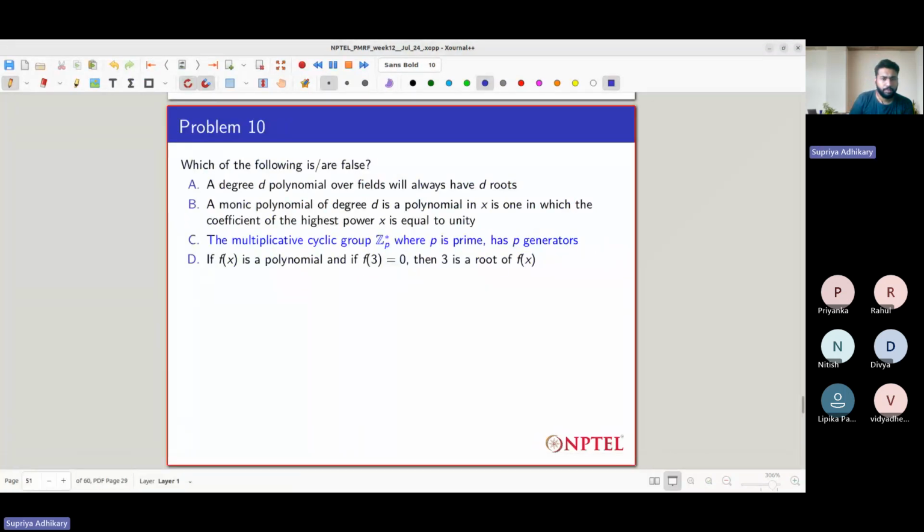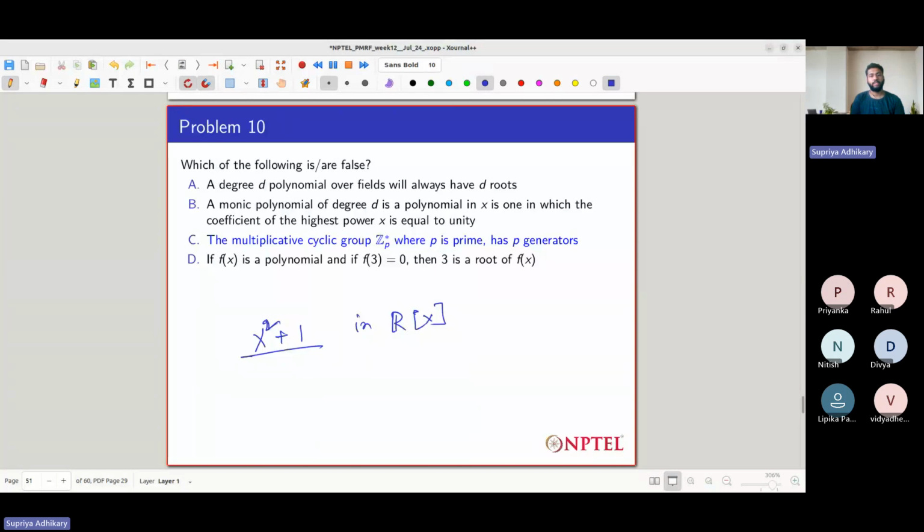Now in problem 10, we have to find the false statement among these four statements. The first statement is given as: a degree d polynomial over fields will always have d many roots. So consider this polynomial x^2 plus 1 in R[x].